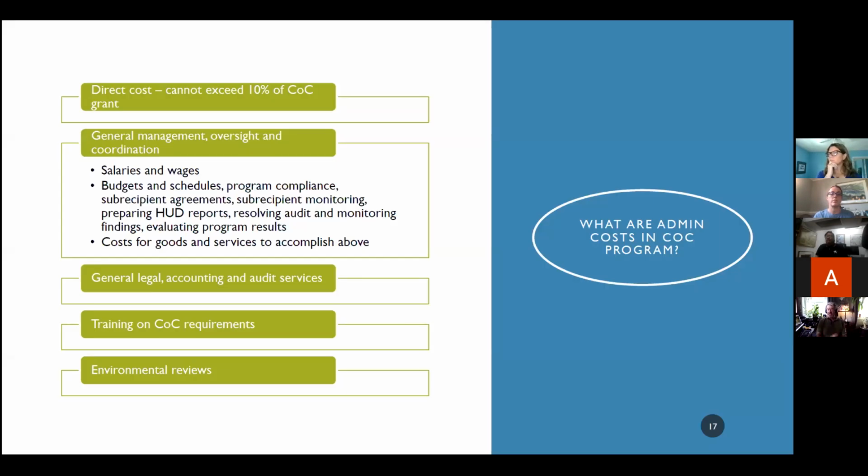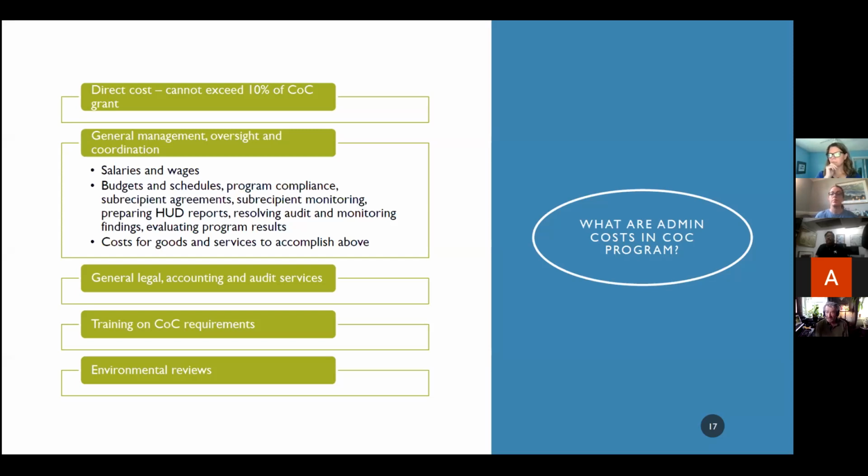Since I talked about these admin things, I changed this. We know the HUD regulations limit admin fees to 10%. The Connecticut Balance of State has its own further limitation to limit those to 7% of the grant. So please pay attention to 7%, not the 10% that is here. As we often talk about in our monitoring, admin costs are direct costs.